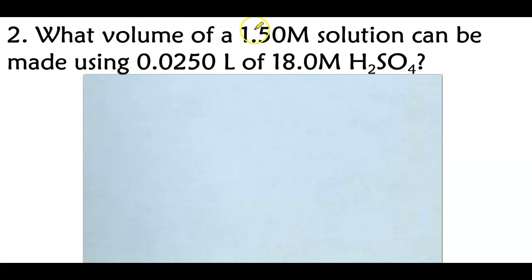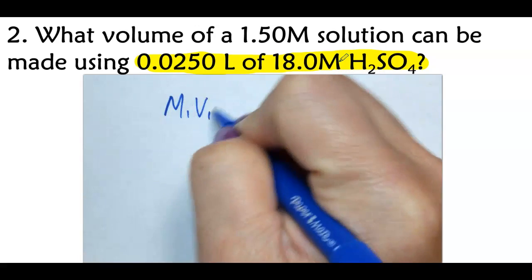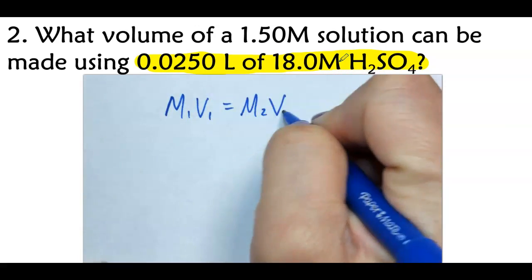What volume of a 1.50 molar solution can be made using 0.0250 liters and 18.0 molar sulfuric acid? So again, these are side by side, so they go together. We're going to make those our M1 and our V1. So here's our equation, M1V1 equals M2V2.